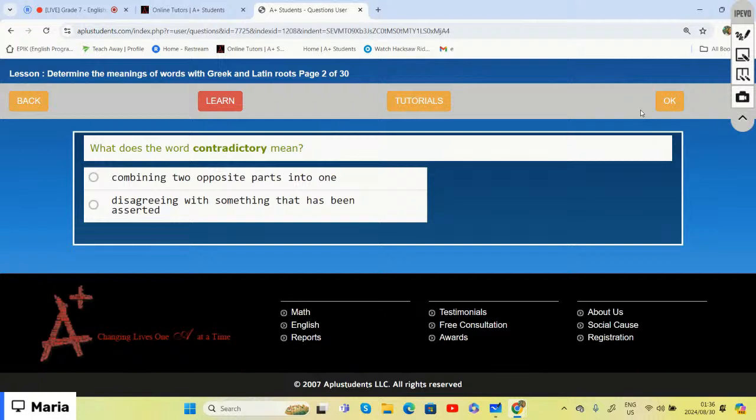What does the word contradictory mean? So, contradictory, is it combining two opposite parts into one? Or is it disagreeing with something that has been asserted?